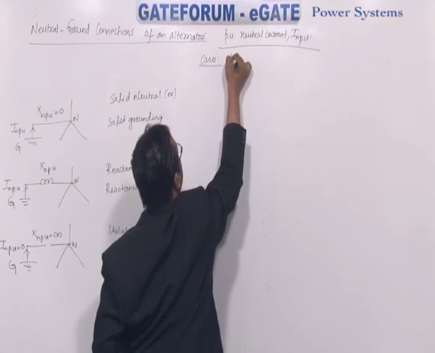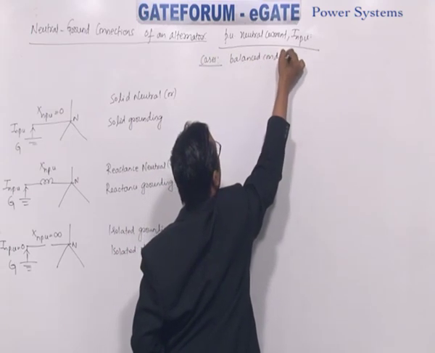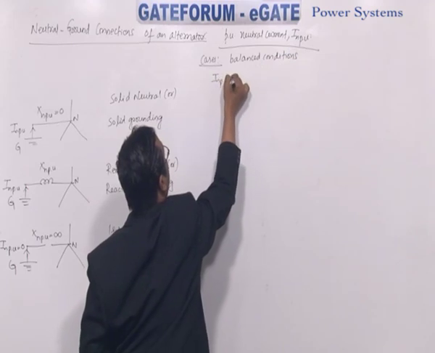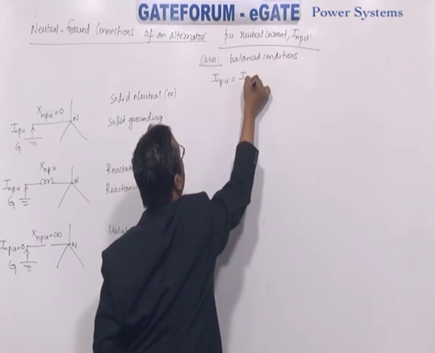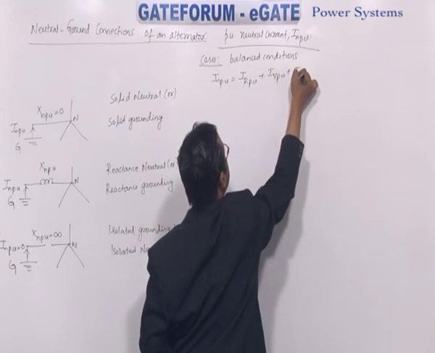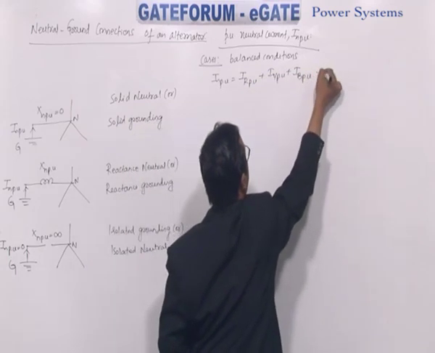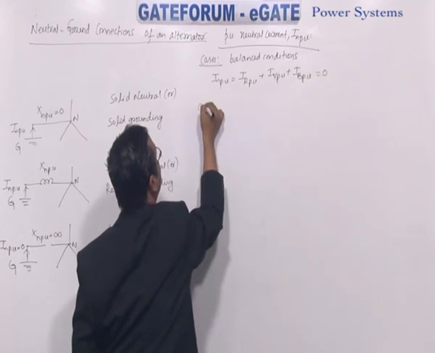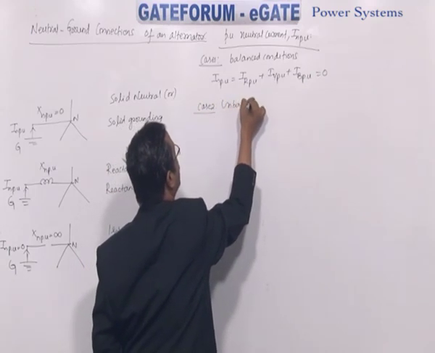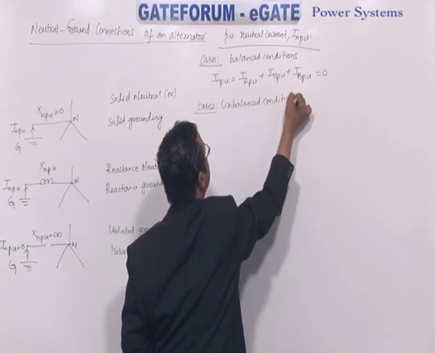First it is case 1, balanced conditions. So what is IN equal to? IR plus IY plus IB. You know in balanced conditions, the sum is 0. Now the case 2, unbalanced conditions.